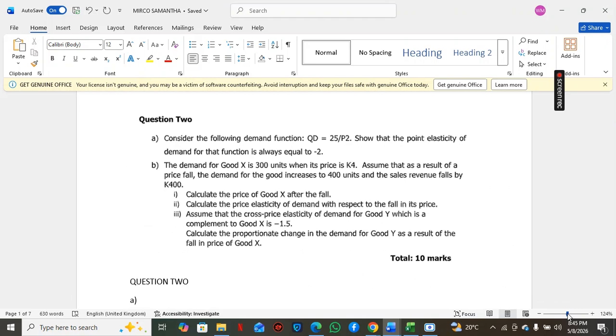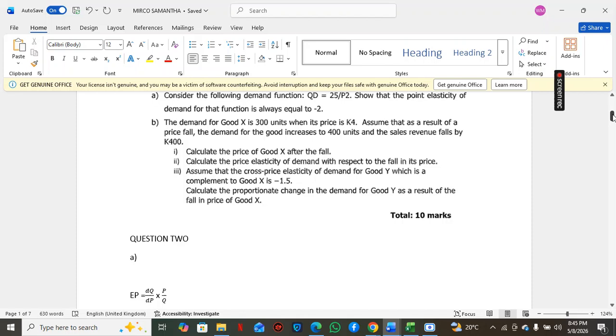Okay. We have this question here. It says, the demand for good X is 300 units when the price is 4 kwacha. Assume that as a result of the price fall, the demand of the good increases to 400 units and the sales revenue falls by 400 kwacha. Calculate the price of the good after the fall.